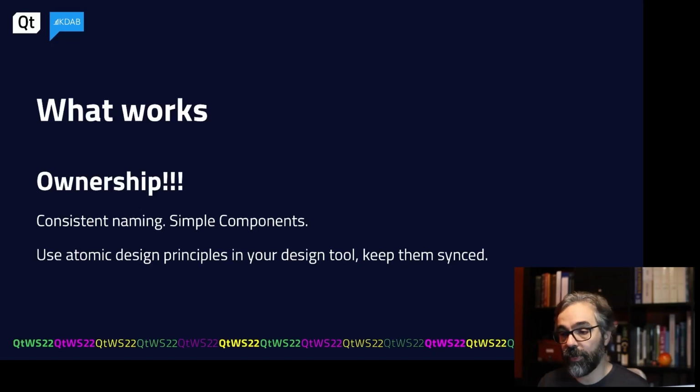Some things that help a lot is to be very consistent on your naming, so that when you, for example, in Figma, create a button, you have something called the background, keep on calling it background, okay? So when the technical artist, or somebody in between, tries to re-import the changes that were made in QML into the Figma files, that works in that direction from QML manually into Figma.